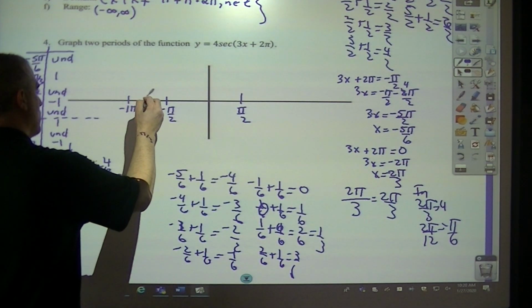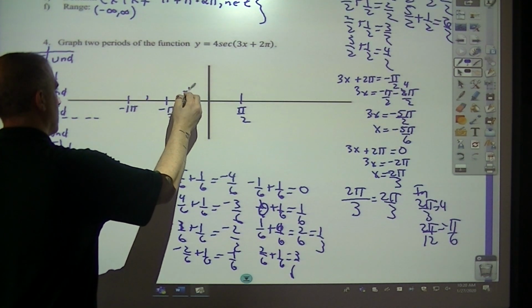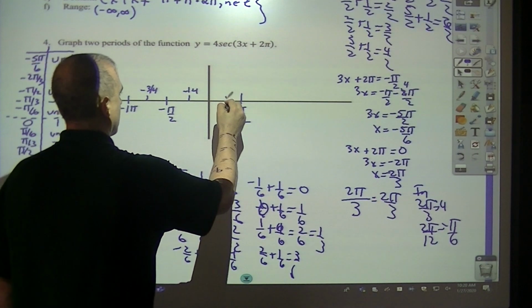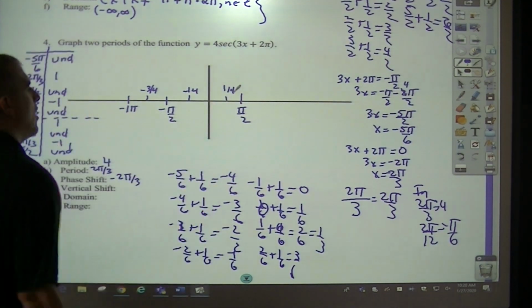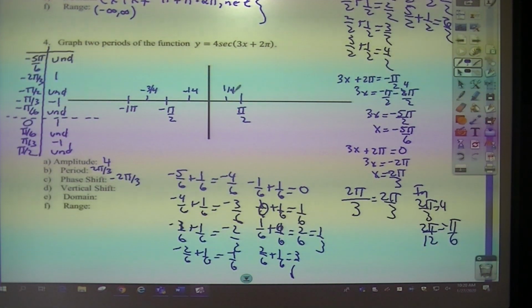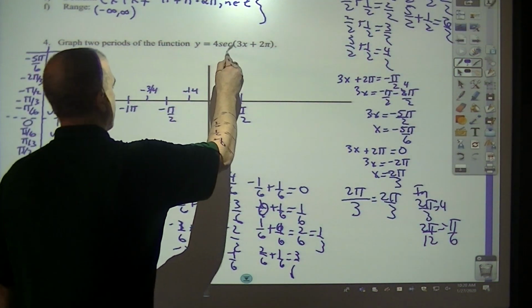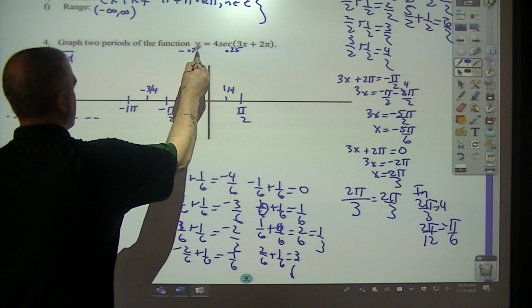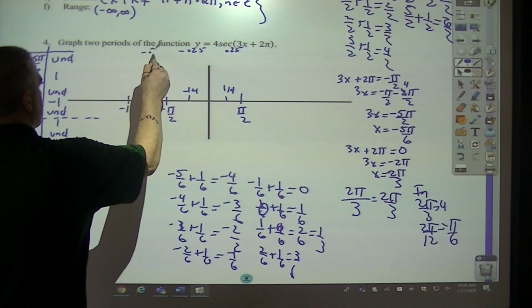Now, when you cut this in quarters, if the decimals help you, this will be 0.25, this will be negative 0.25, this will be negative 0.75.